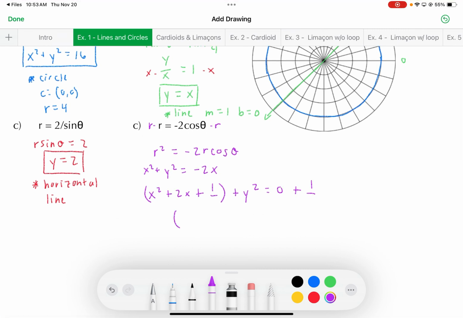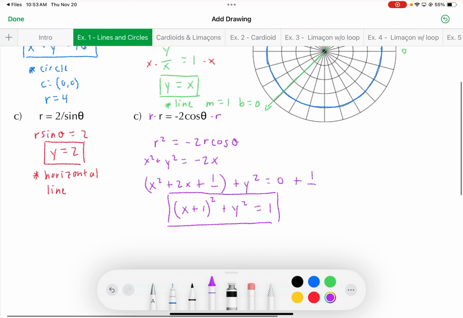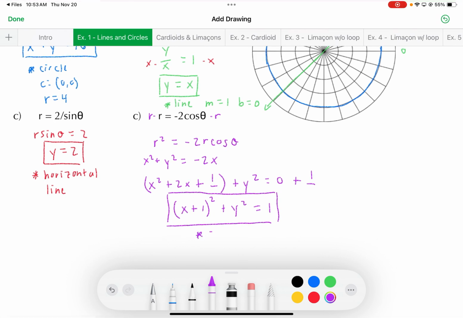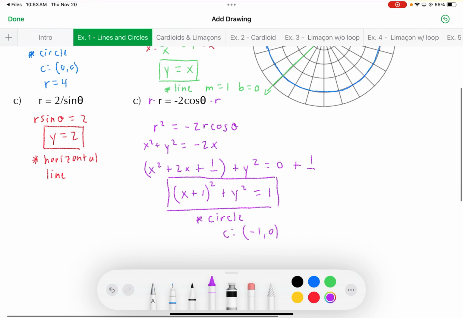I end up with x plus 1 squared added with y squared, that equals 1. So that is the equation of a circle, but this time the center has moved, right? The center is now at the rectangular point of -1, 0, and the radius is 1.